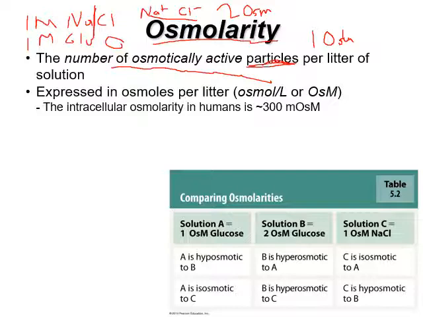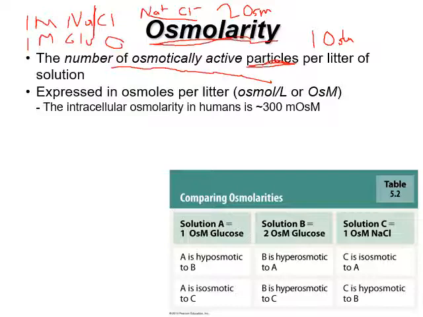Okay, this is a big difference when we're talking about movement of water, because movement of water is going to be determined somewhat on osmolarity. We will look in our cells, because we're going to be looking at movement across the plasma membrane. So we care about the difference in osmolarity between the inside of the cell and the outside of the cell.